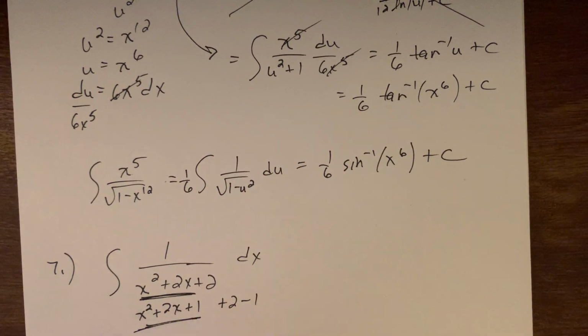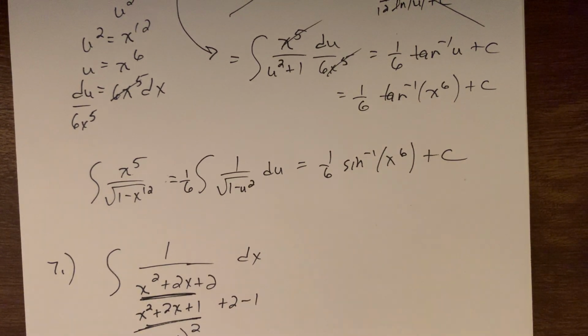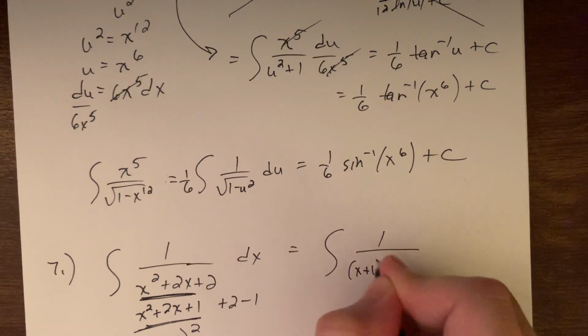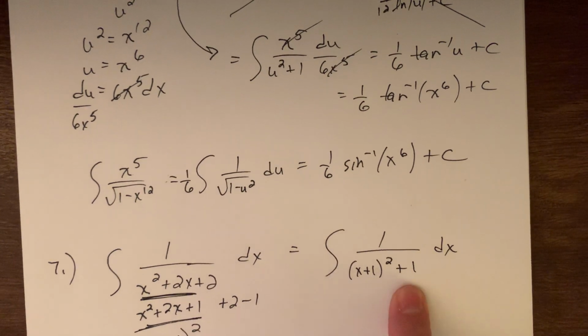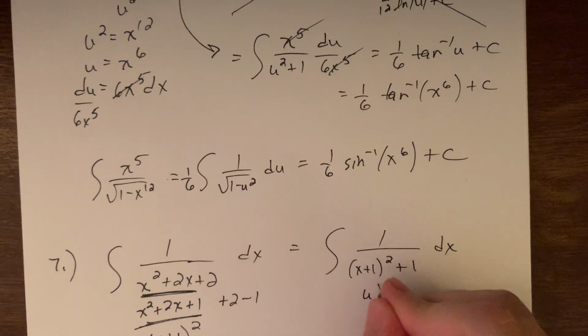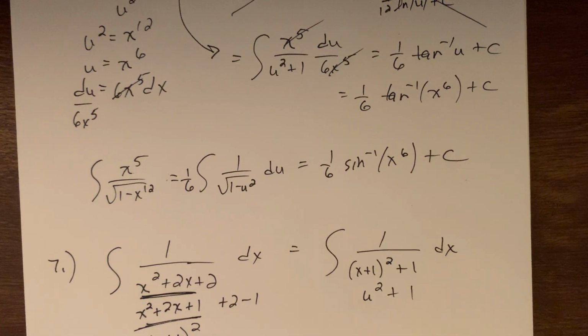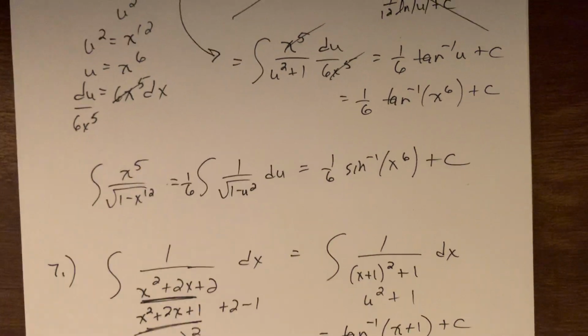The point of grouping these together is that this becomes a perfect square. So through that little manipulation, this became this, and this is your u squared plus 1 format. So this would end up being inverse tan of x plus 1.